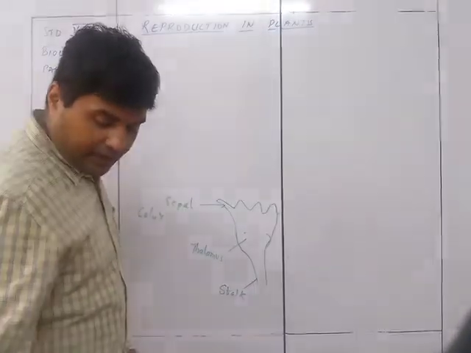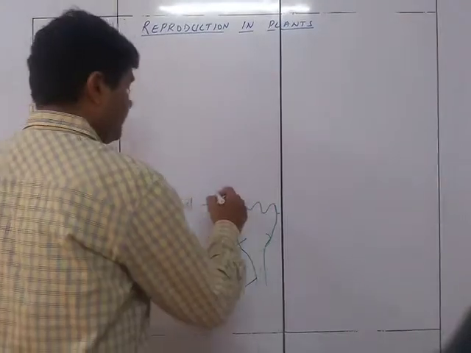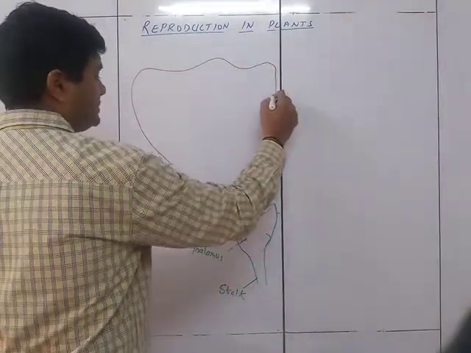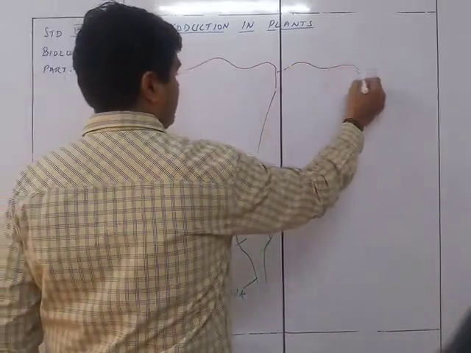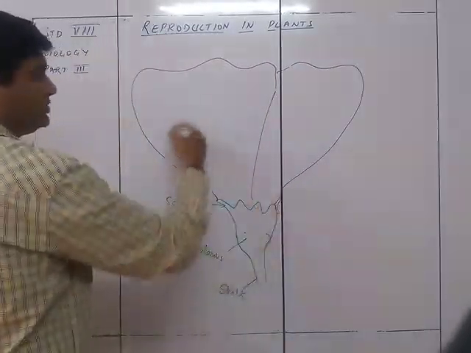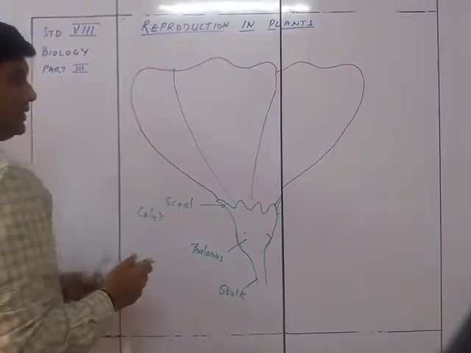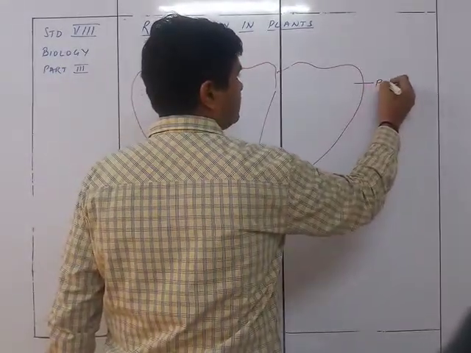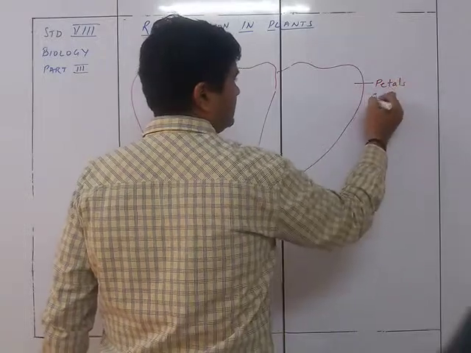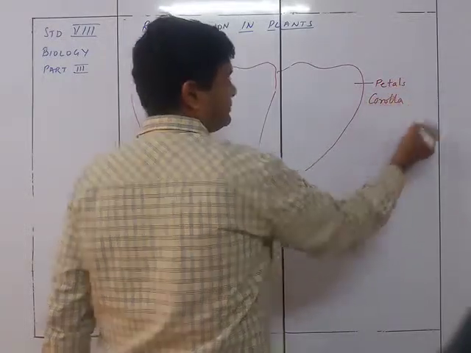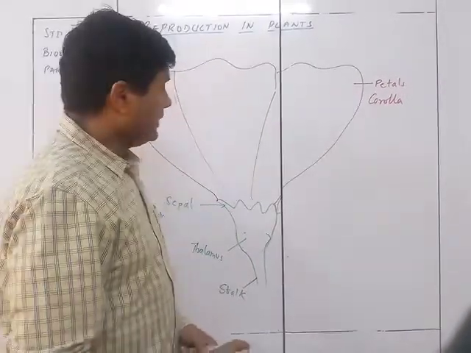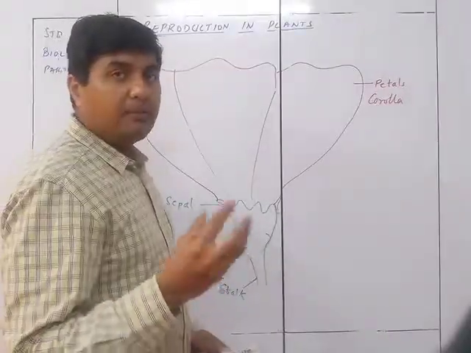And then you have the petals, which are like this. So these are the petals, and they are called the corolla. Okay, petals, corolla. And then we have the main part.